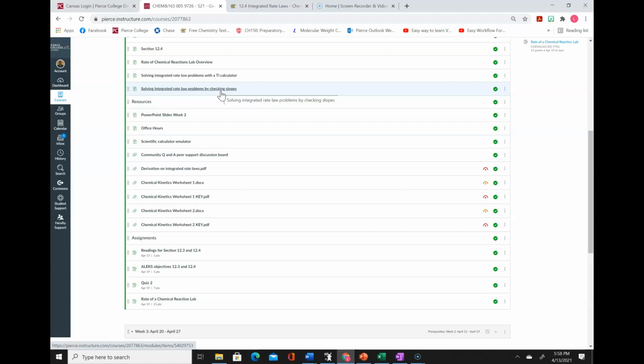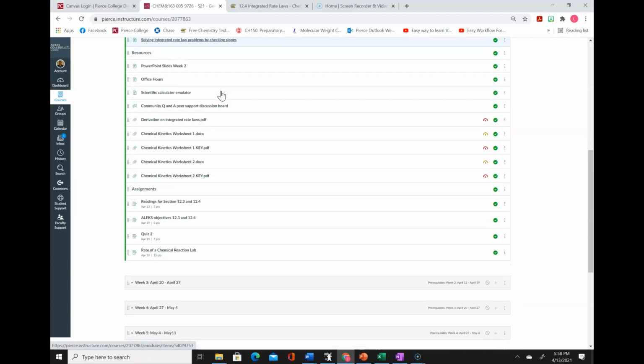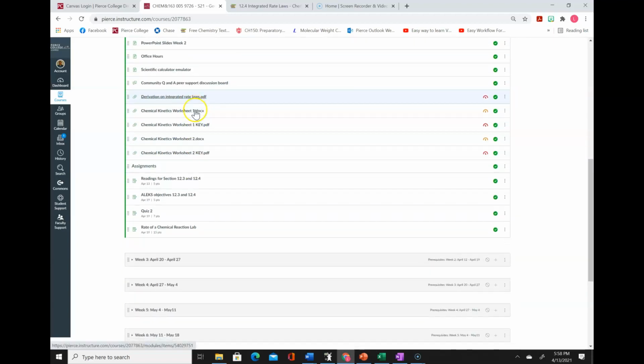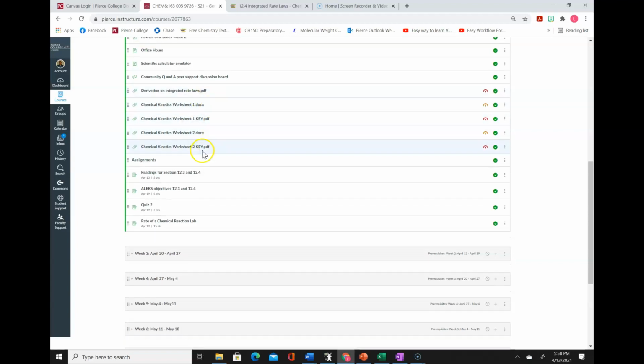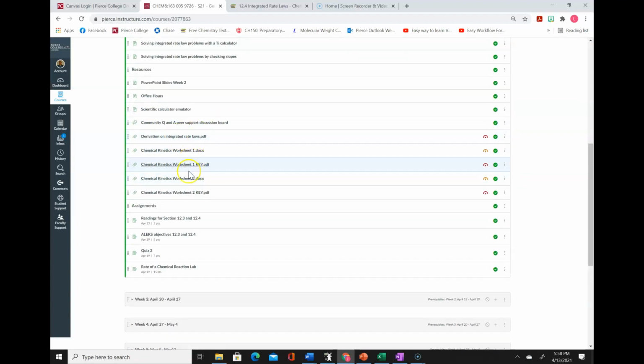Okay, but it's definitely a lot more work. Now, further down here, I've got a couple of problem worksheets, and for each of the worksheets, I've got worked answers where I've done the math basically by hand, so you can see how I go about doing that. So that can sometimes be helpful.